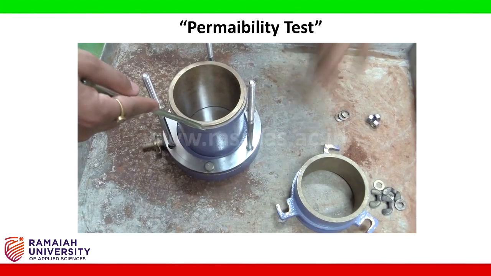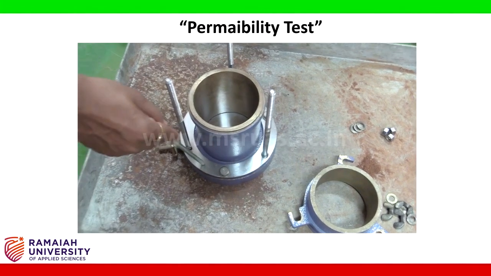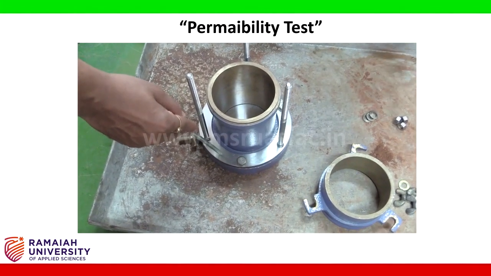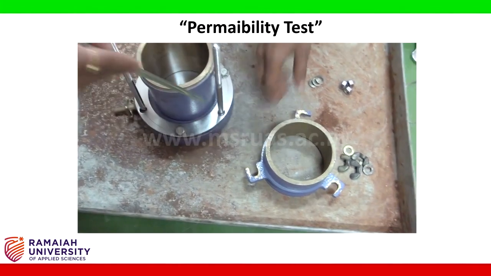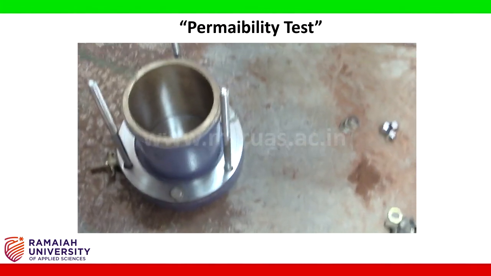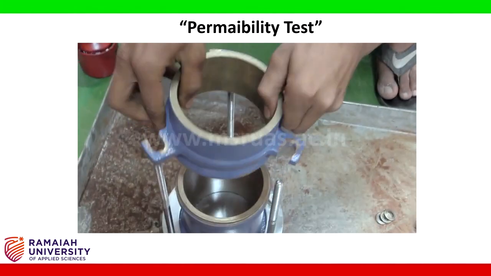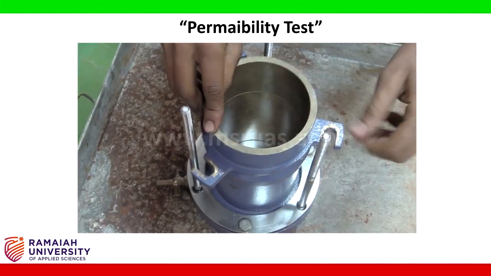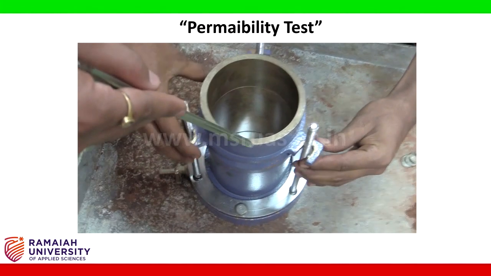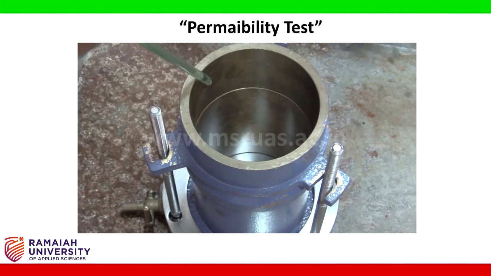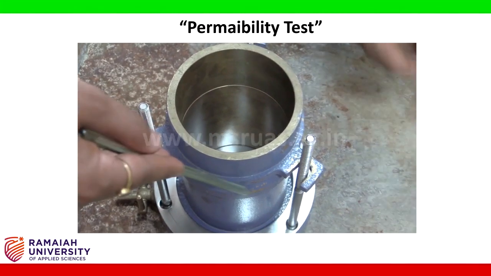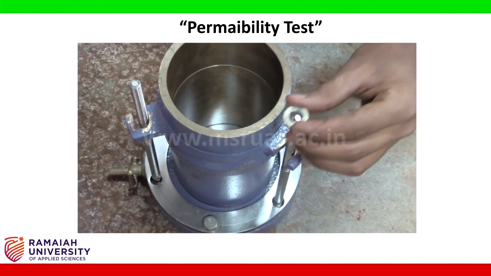Once the mold is properly tightened and fixed with the base plate, it is now time to place the collar in position over this mold. See to it that you be careful in placing the collar on the mold by taking care of the groove that is being provided.